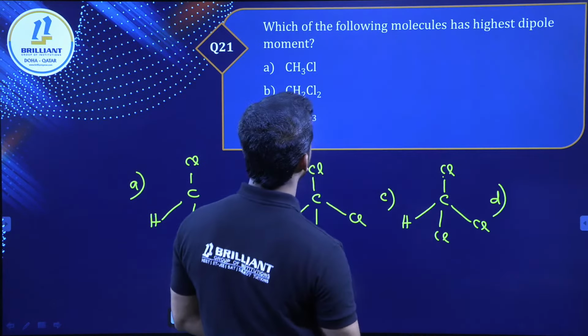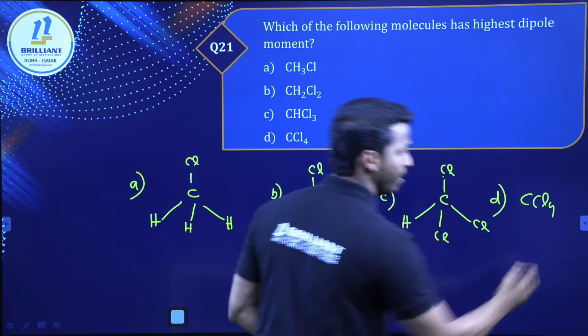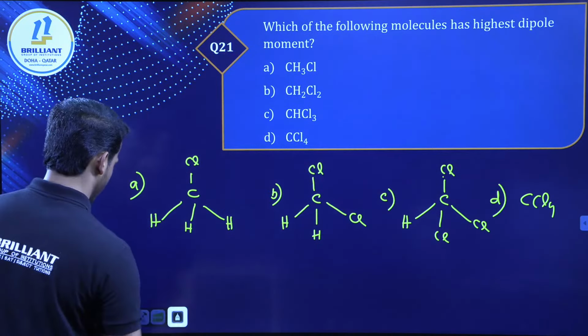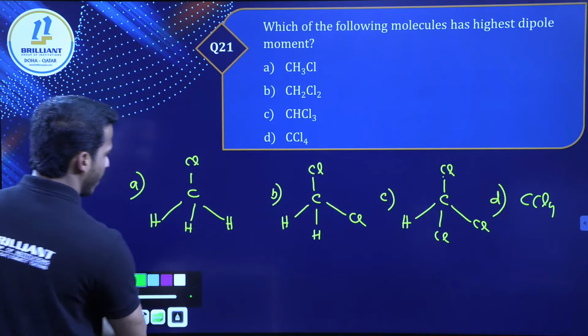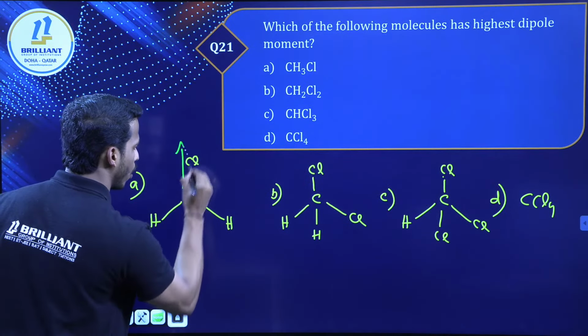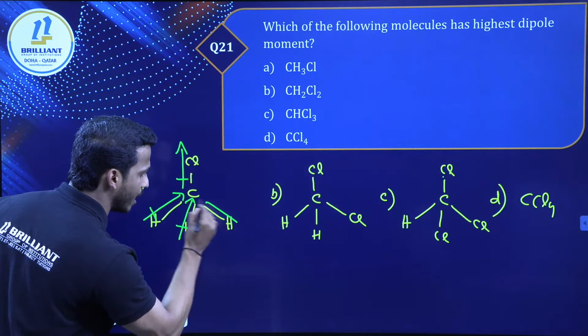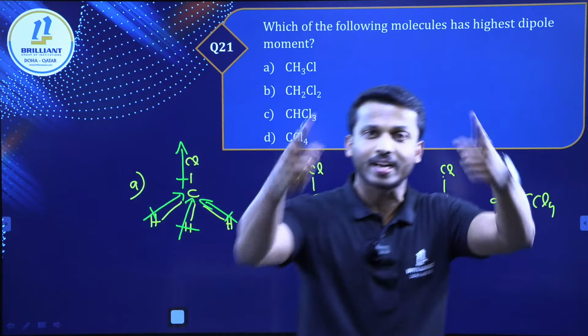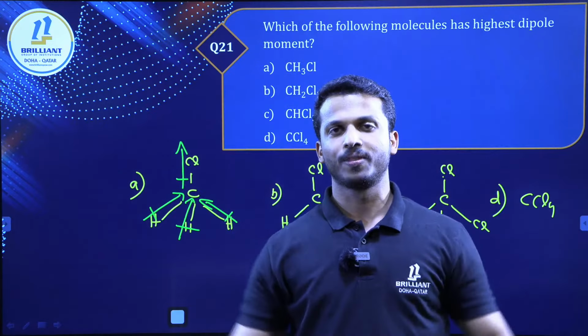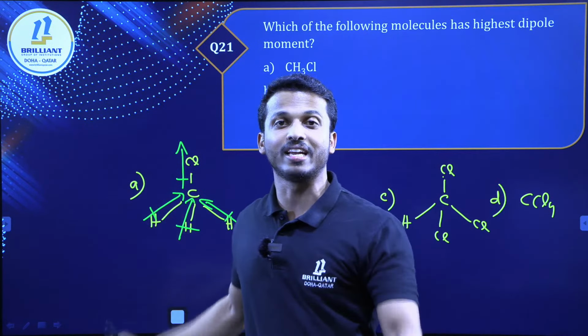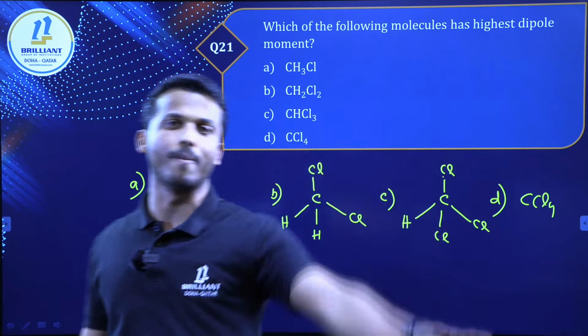And option D is CCl4, which I am not discussing because we said the CCl4 dipole moment is 0. Now here, chlorine is more electronegative than carbon, and carbon is more electronegative than hydrogen. You can see all the dipole moments are adding up, all in the same direction. So it has the greatest dipole moment.